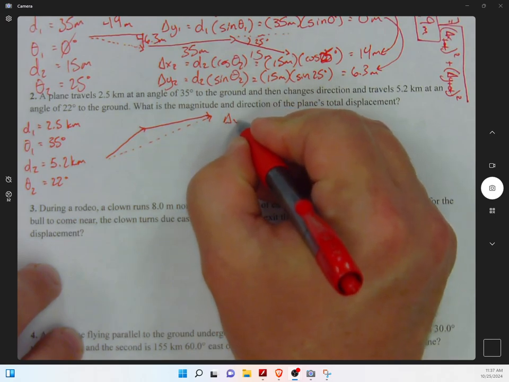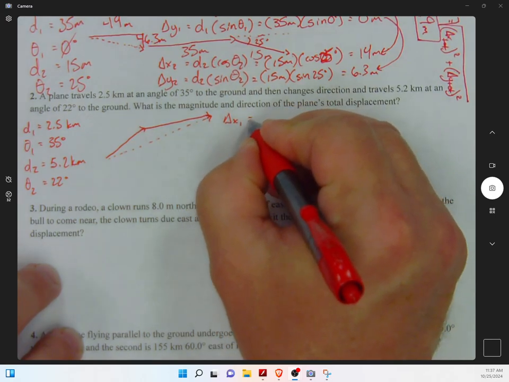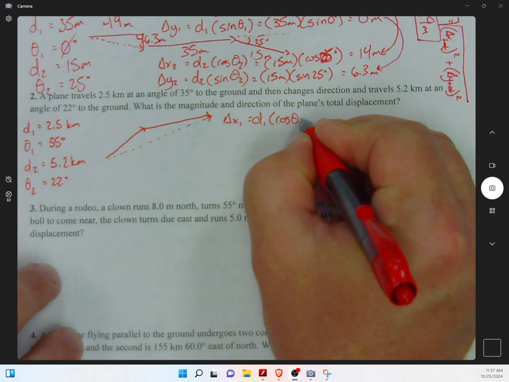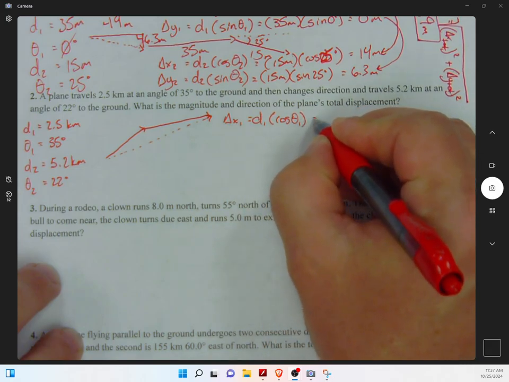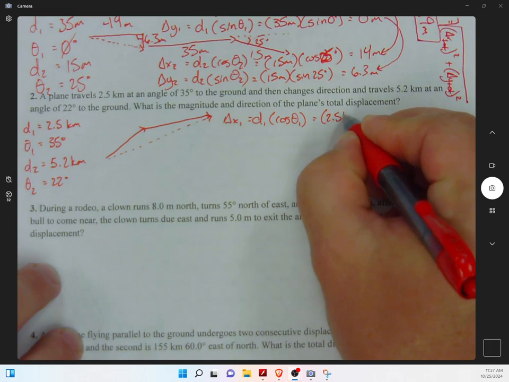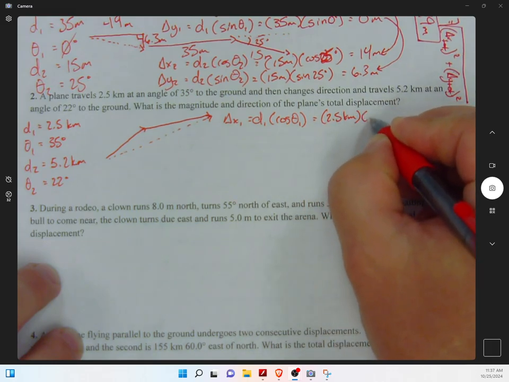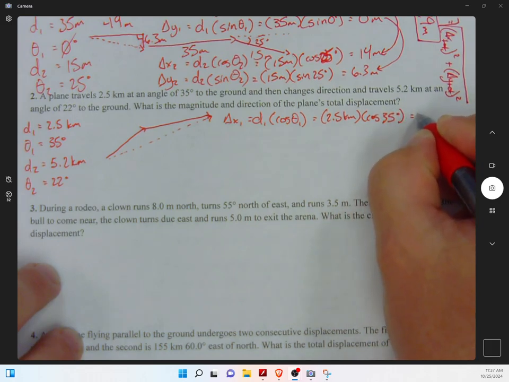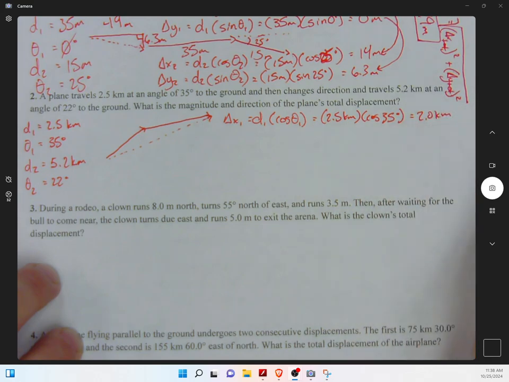All right, so let's find the x component of that first movement. Again, first displacement times the cosine of the first angle. It's going to be 2.5 kilometers times the cosine of 35 degrees. That ends up being 2 kilometers.